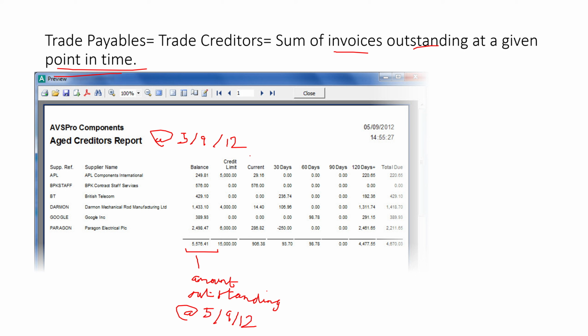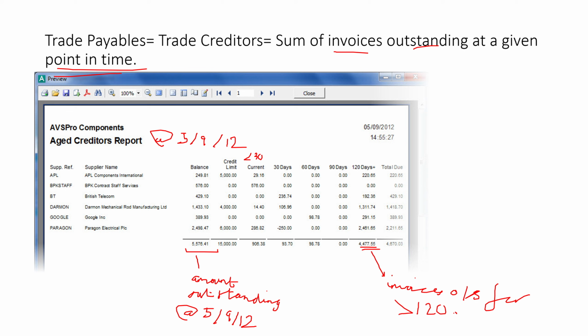Now I'm just going to call this less than 30 days so that this is a bit clearer. Now this amount here, I'm going to explain what this means first of all. This is a sum of invoices outstanding for more than 120 days.